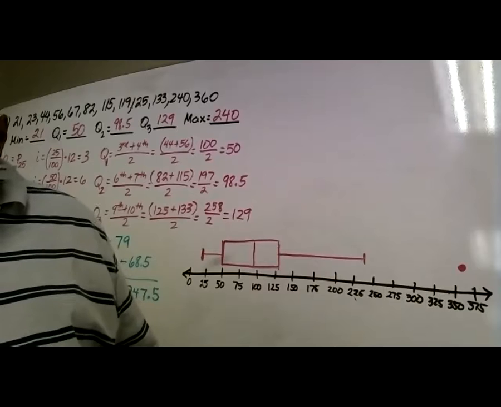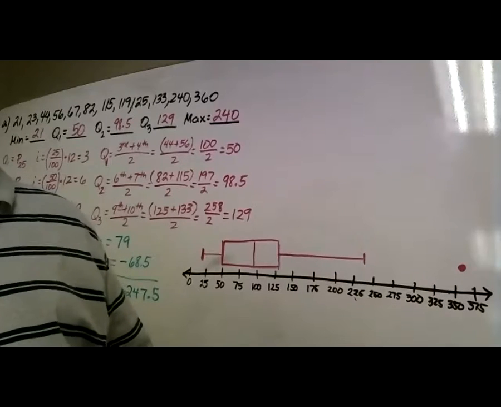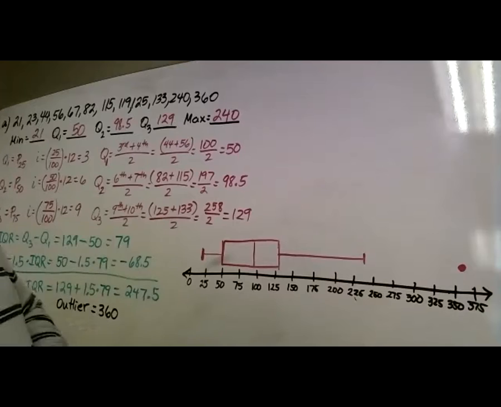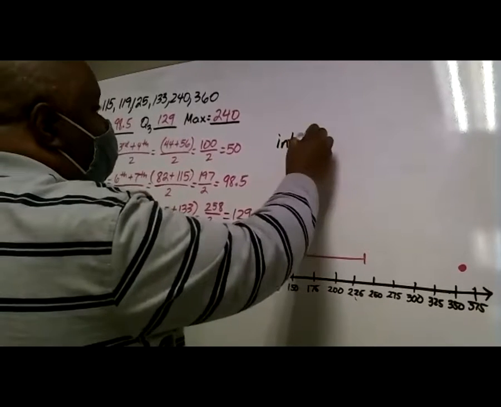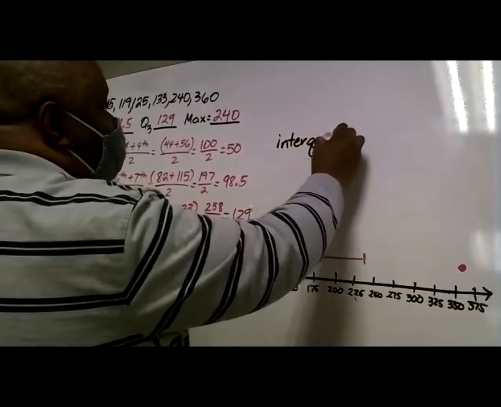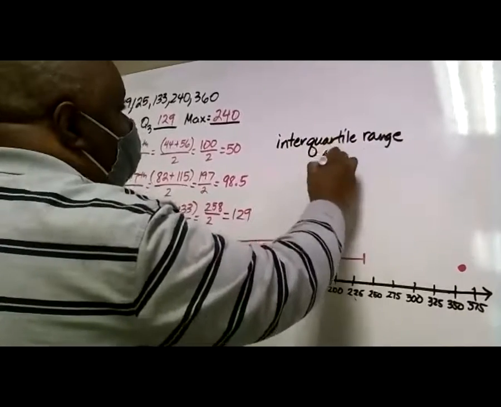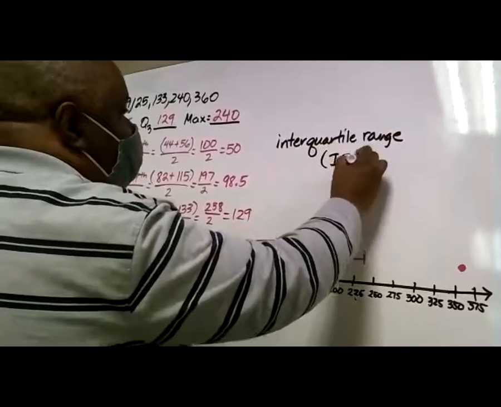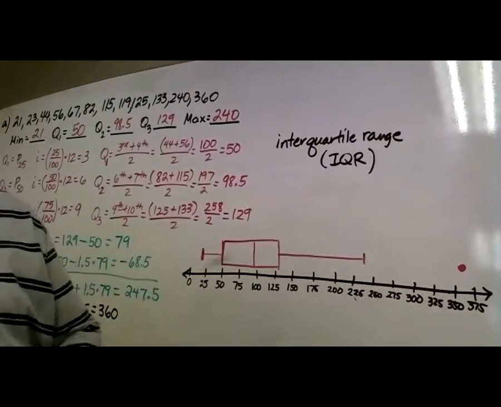Can you give me the maximum of the IQR? What is it? Inner quartile range. We call it the IQR for short.